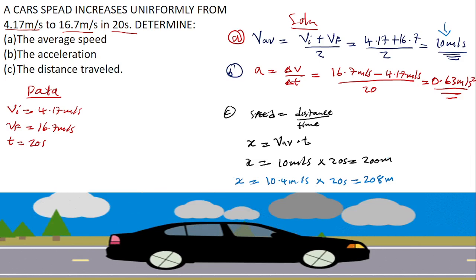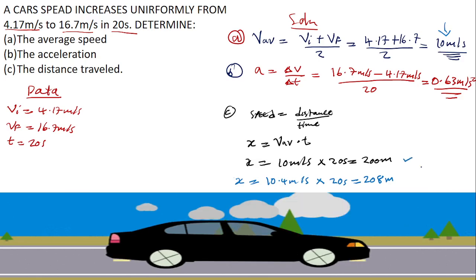For some lecturers, they can mark both answers correct. But this one is a bit wrong because you used a rounded-off figure. So it's important to make sure that you don't use something that has been rounded off. This is the exam tip I've given you on this particular question.